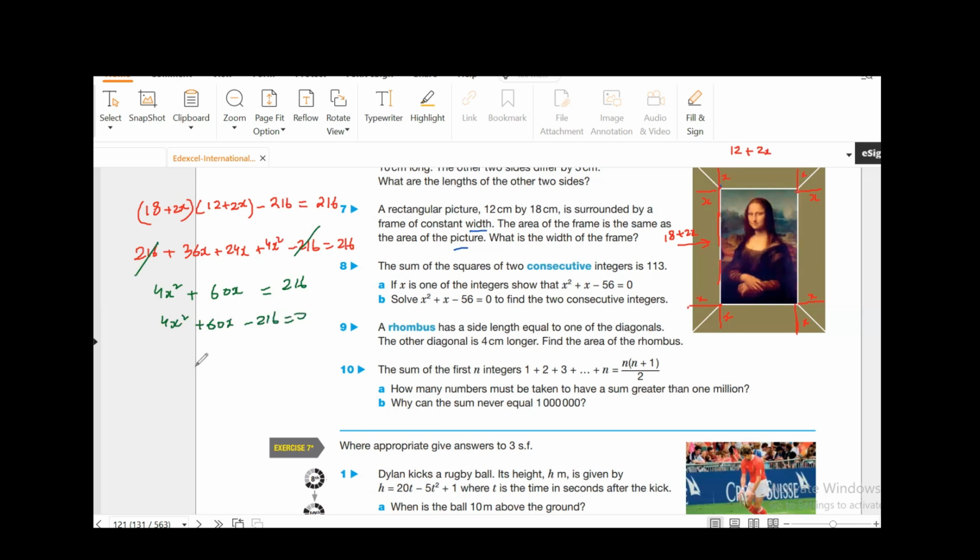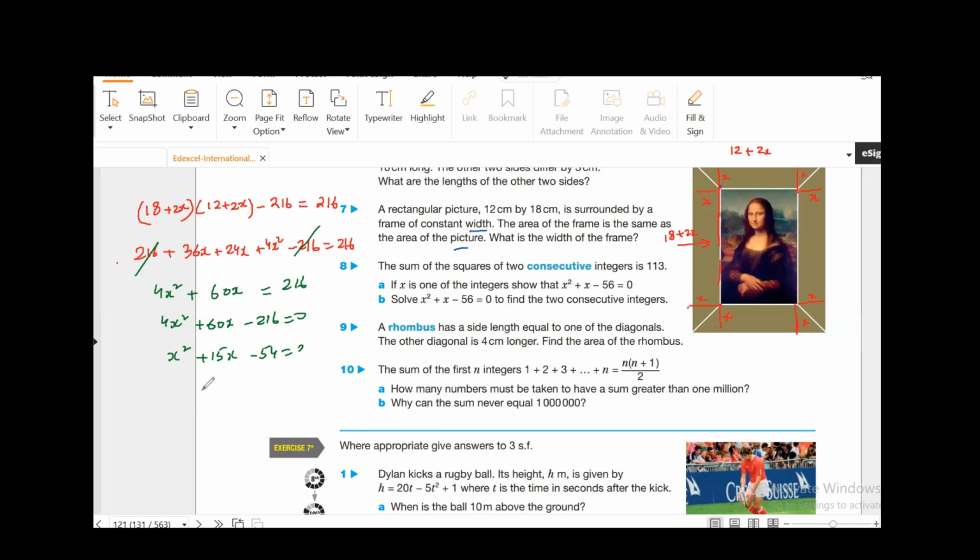All are divisible by 4. Let me check: 216 divided by 4 gives me 54. So x squared plus 15x minus 54. If we think about it, the product is minus 54, and 9 and 6 will work, since 9 times 6 is 54 and 9 plus 6 gives us 15.